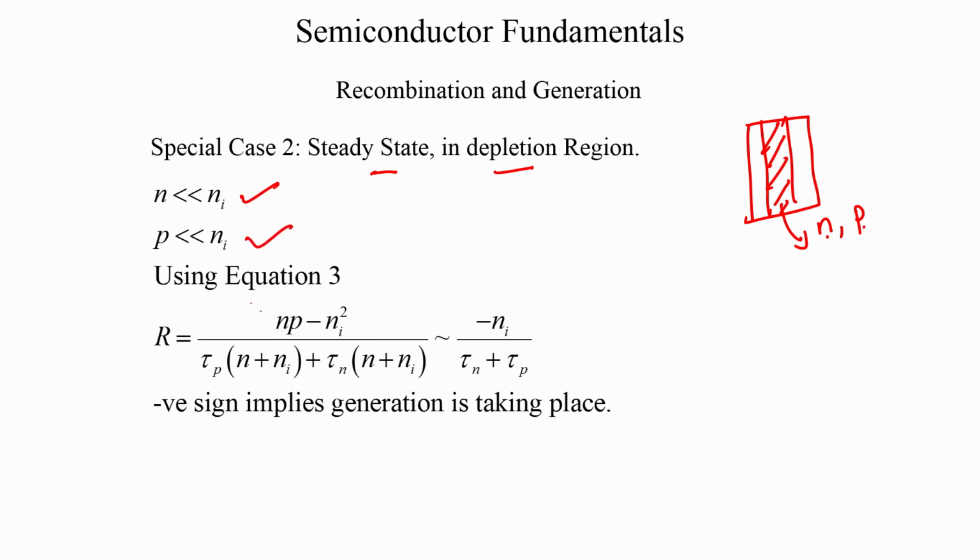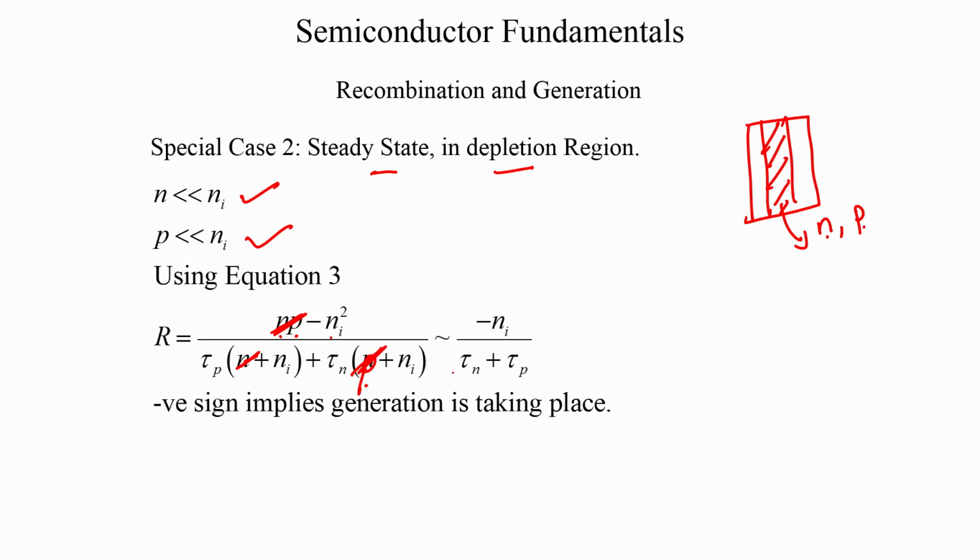So, if you use these two conditions in this equation, np is going to be much less than ni square. So, the numerator is simply minus ni square. In your denominator, the n is not important compared to ni. Here this is a typo again, this should have been p, but that is not important compared to ni.